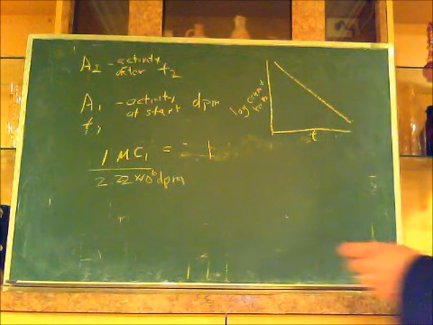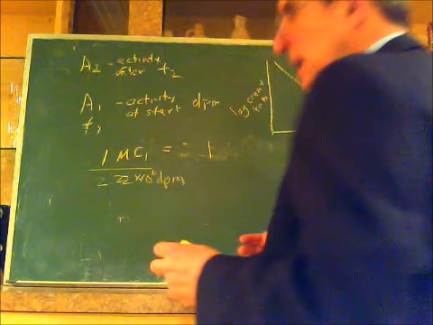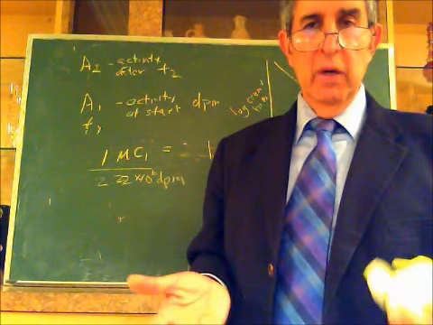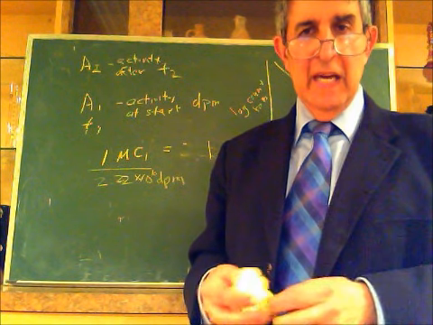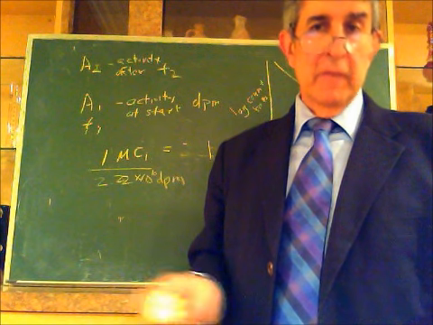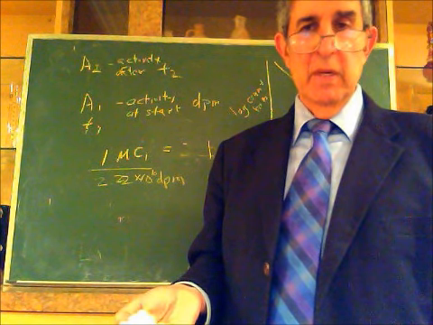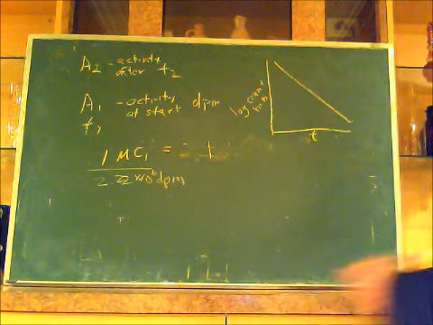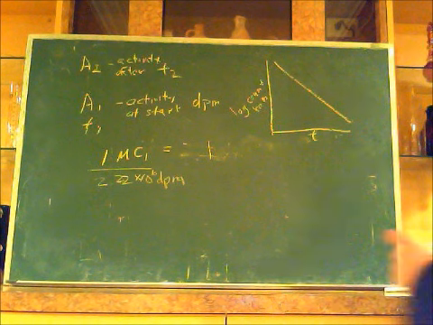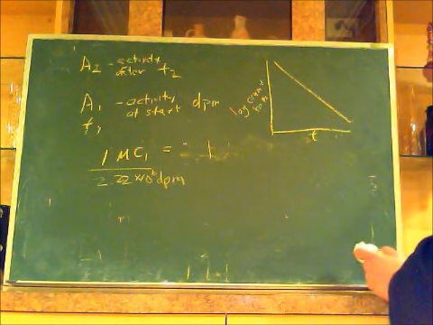What we measure with the detector, counts per minute, is not the same as decays per minute. If we had 100% efficiency, that is, if every decay gave us a count, counts per minute and decays per minute would be the same. But for most detectors that's not the case, and the efficiency is somewhat lower than that.